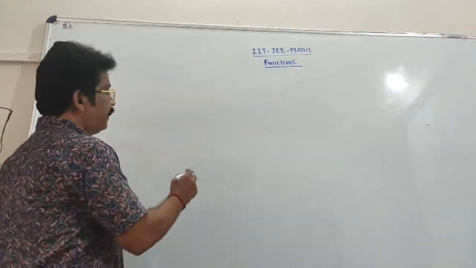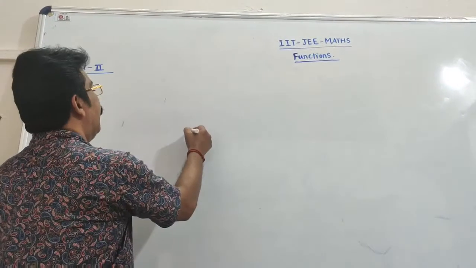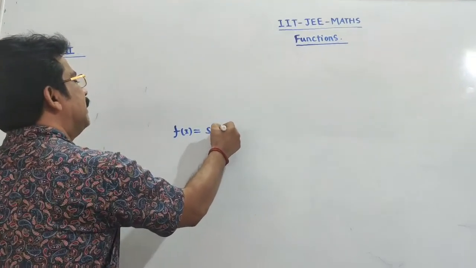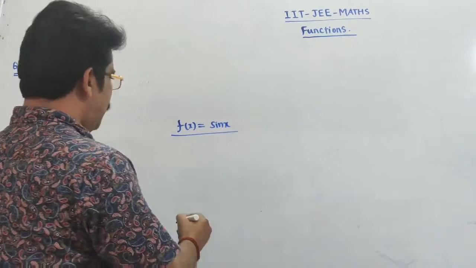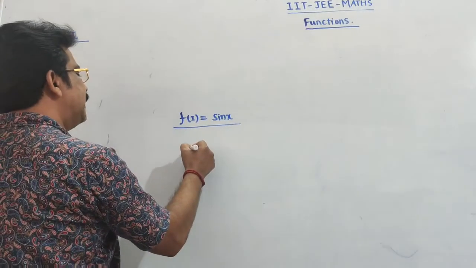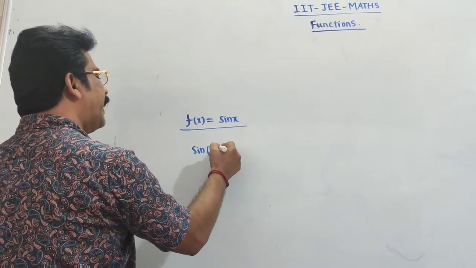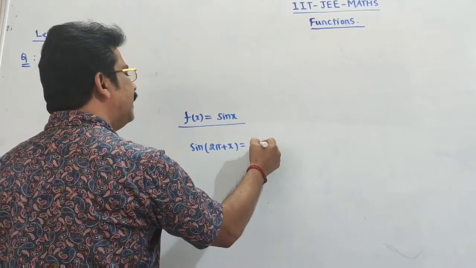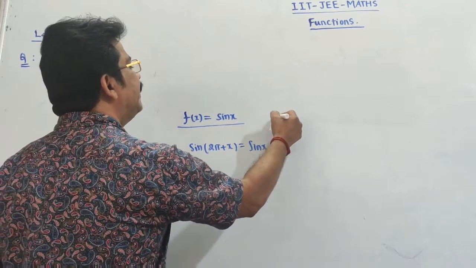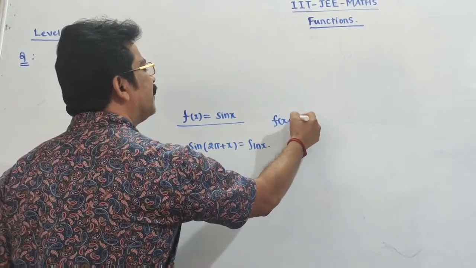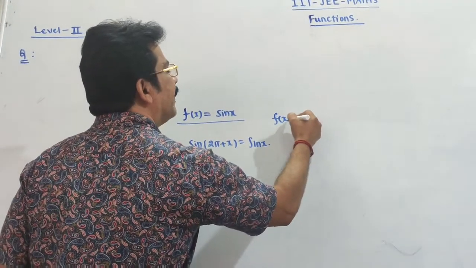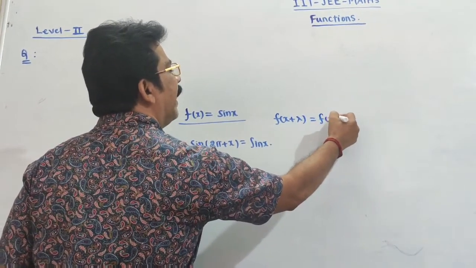Moreover, about periodic functions, I already discussed the sin x function and its periodicity. Here, what I am telling is that sin of 2 pi plus x is equal to sin x. Means we are trying to express the form f of x plus lambda is equal to f of x.